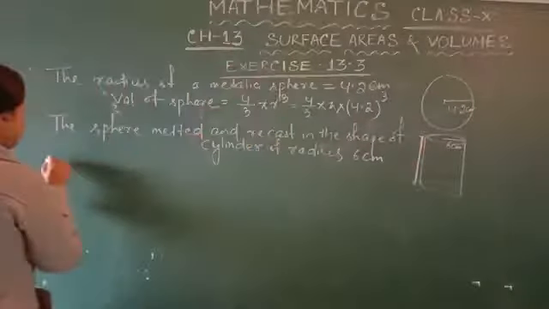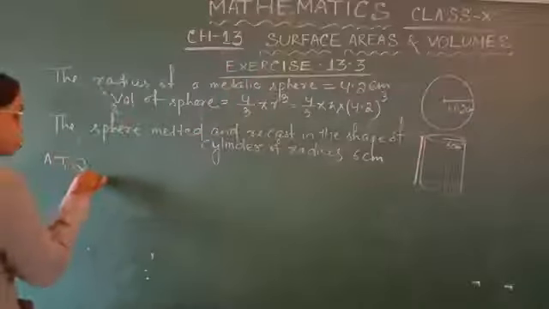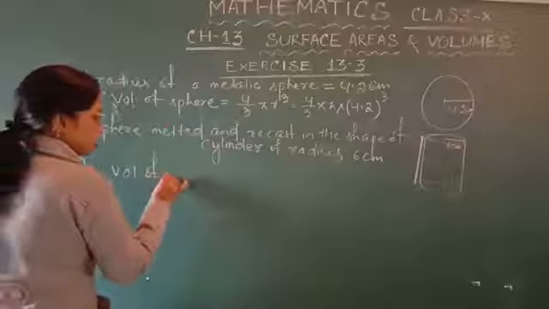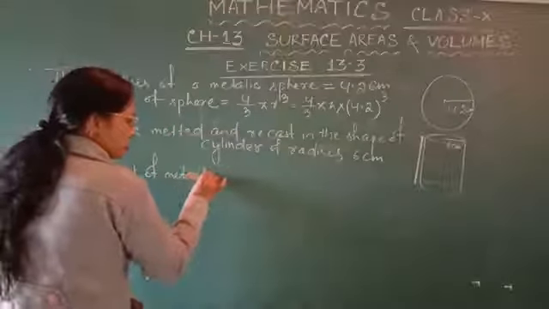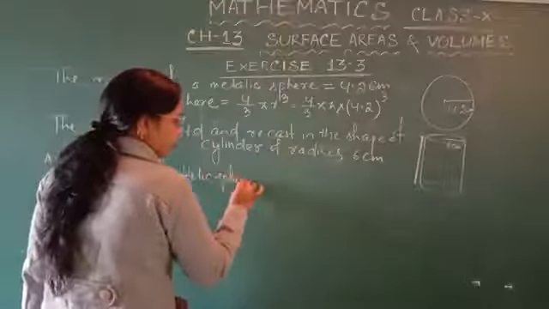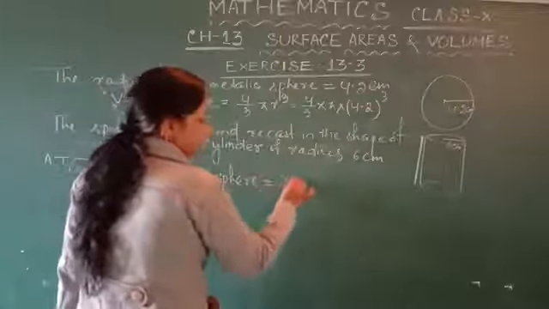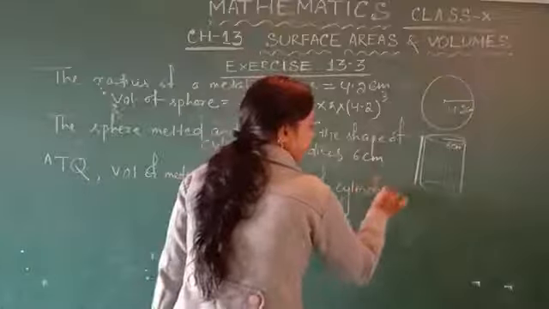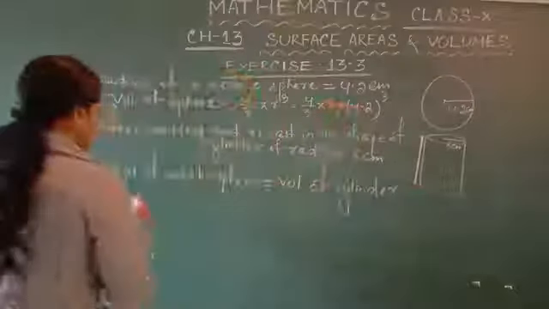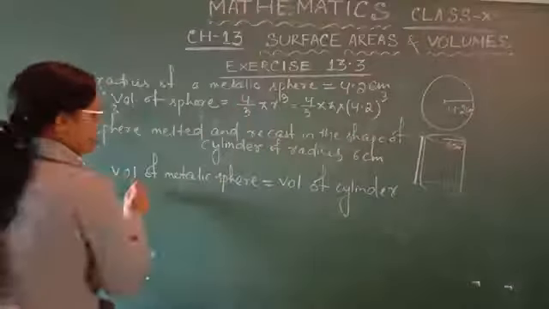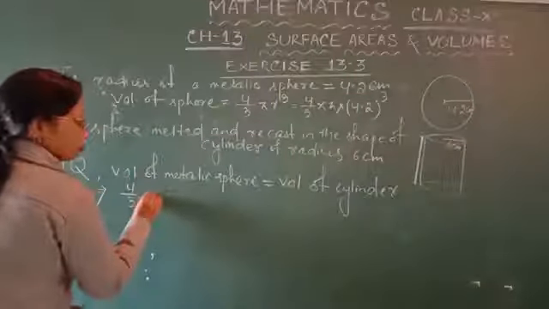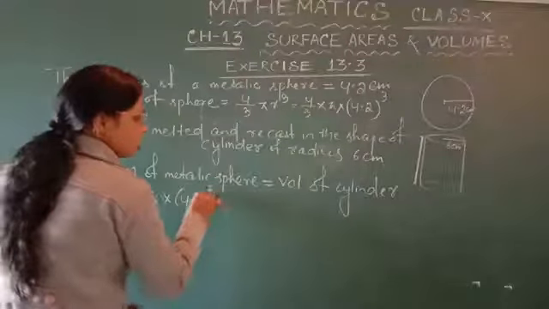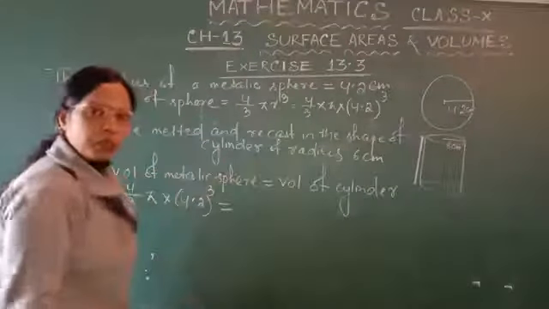Okay, so according to our question, the volume of the metallic sphere is equal to the volume of the cylinder. So 4 upon 3 into pi into 4.2 cube is equal to the volume of the cylinder.